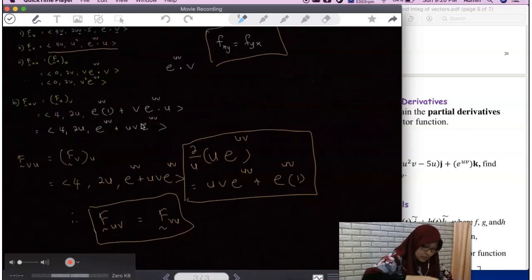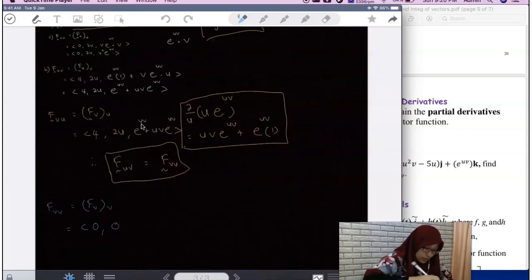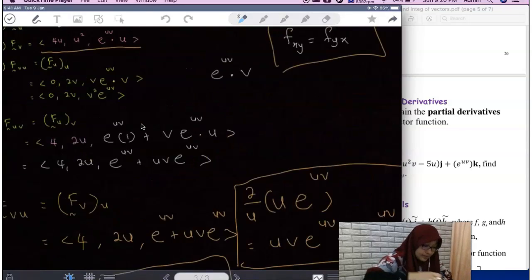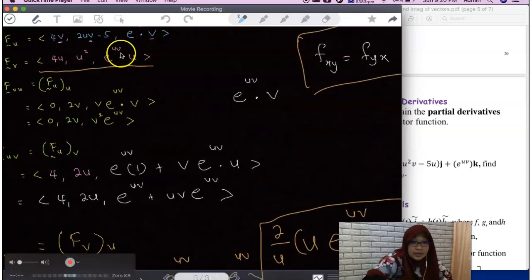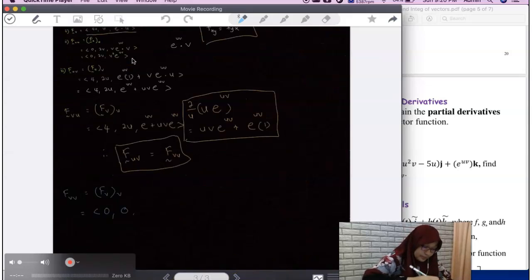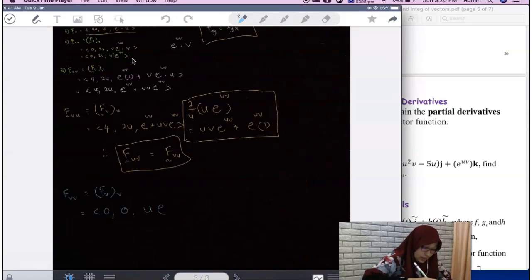The second component is also 0, and the third component, look here. Since you want to differentiate this term with respect to v, but the v is only in the exponential function, you don't need to apply the product rule. So u is just a constant. So e^(uv) multiplied by u.